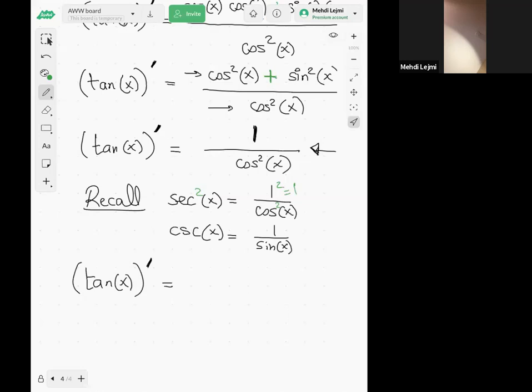So 1 over cosine square is just secant square. So the derivative of tan is just secant square of x. All right, so that's the derivative of tangent.